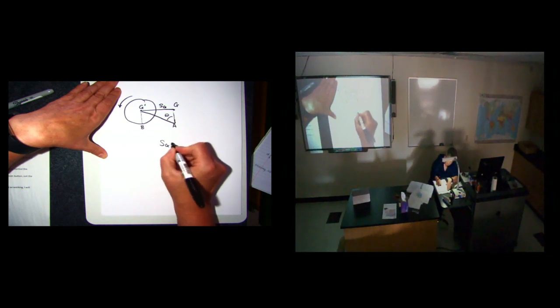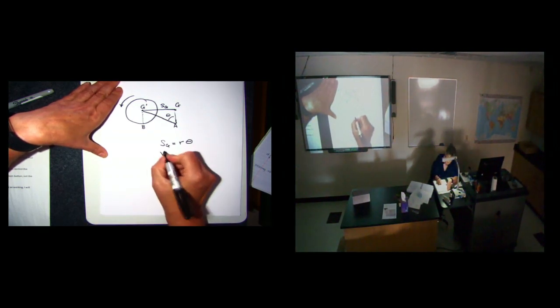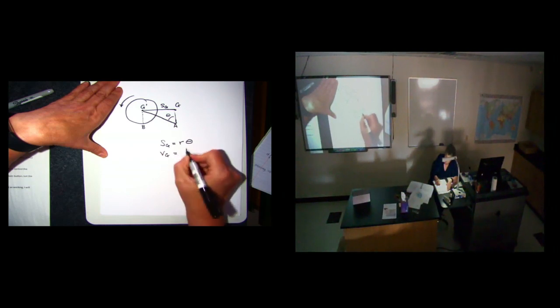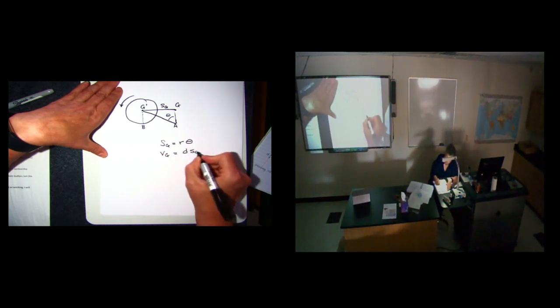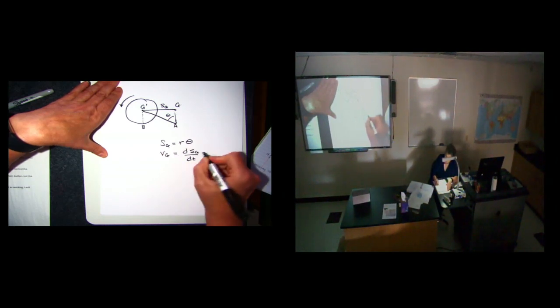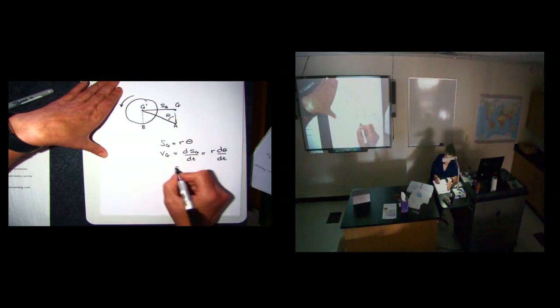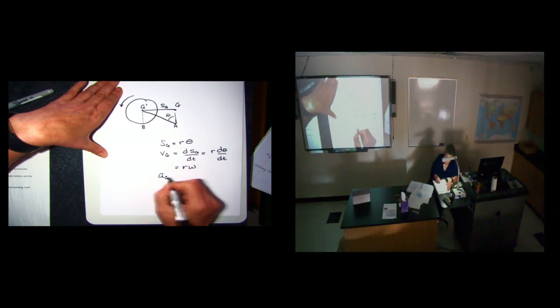So we can use what we learned here to help us with our roller. So I have my roller. This is the velocity of the box. Okay, that's the velocity of the box.